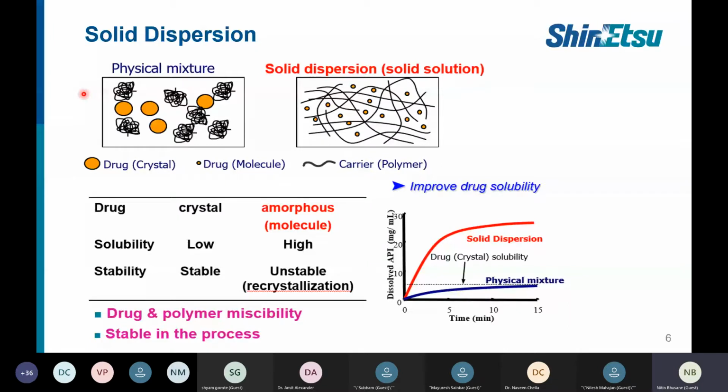But at the same time, as we all know, the amorphous state is not stable, it is an unstable form, so there is always a possibility of recrystallization. So you need a proper approach to have a stable amorphous form, by using a proper polymer and a proper approach of solid dispersion.